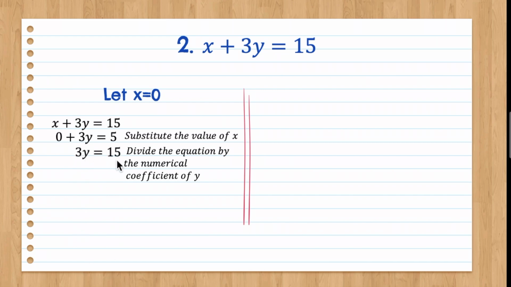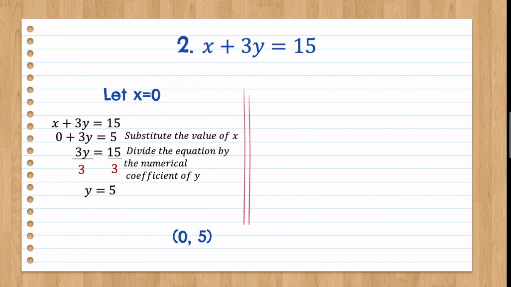Di ba sa rewriting natin, our goal is, dapat yung numerical coefficient ni y ay just 1. So, kung papansinin mo, yung numerical coefficient ni y ay may 3 pa. So, you have to divide the whole equation by its numerical coefficient, which is 3. So, again, divide the equation by 3. So, y is equal to 5. So, meaning, yung ordered pair natin ay 0, 5.